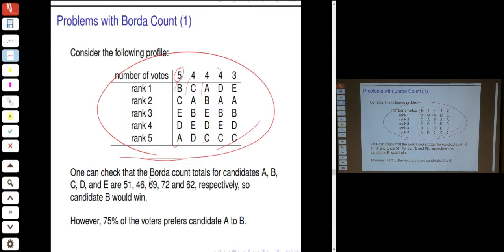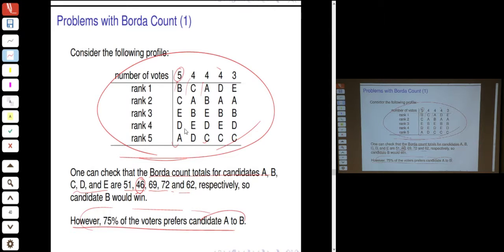And one can check that the Borda count totals for candidates A, B, C, D, and E are 51, 46, 69, 72, and 62 respectively. So the Borda count for candidate B is 46, so that's the least, so he should win by the Borda count method. But 75% of the voters prefer candidate A to B.